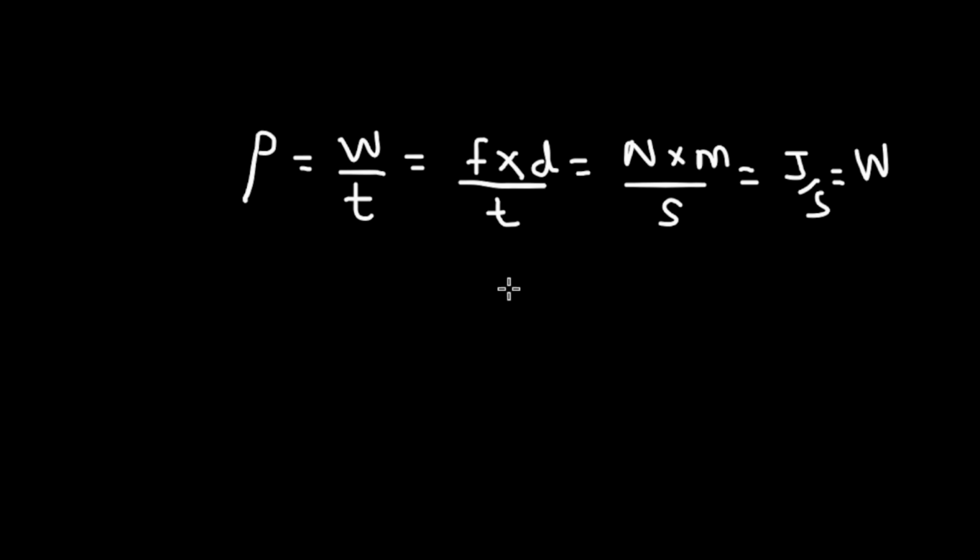Let's say we've got a girl whose mass is 50 kilograms, who climbs a post of height 8 meters, and she takes 10 seconds doing all that. What is her power output?